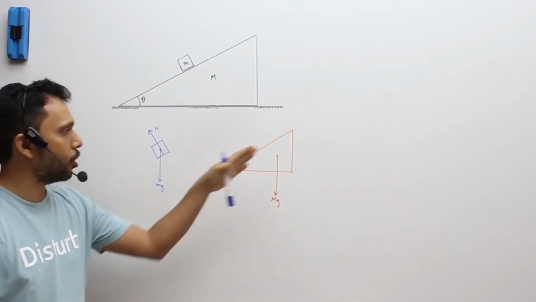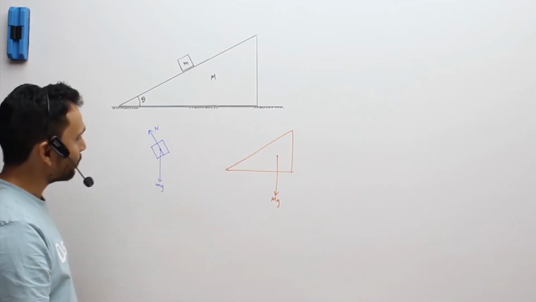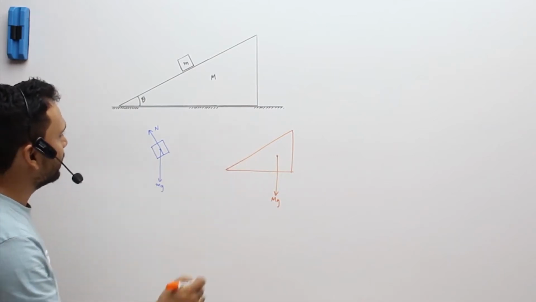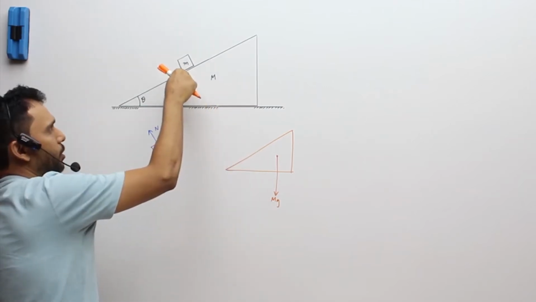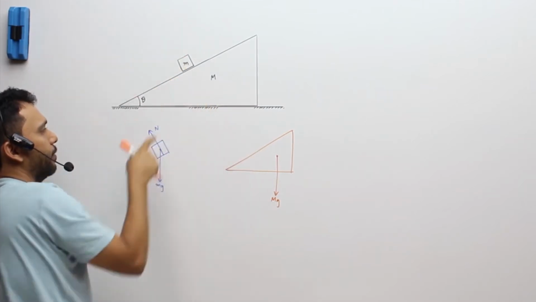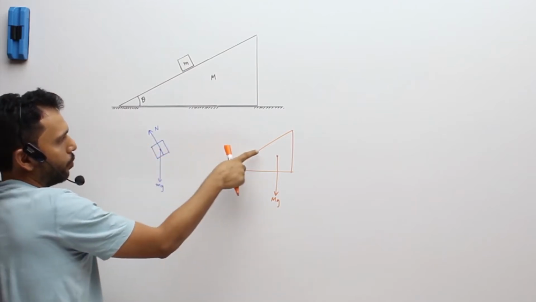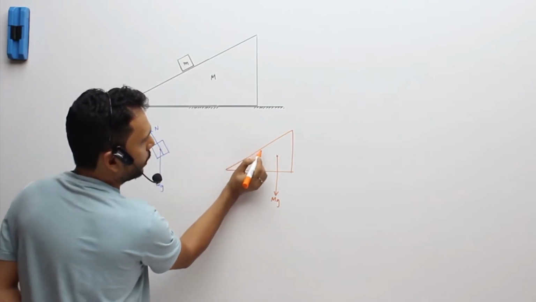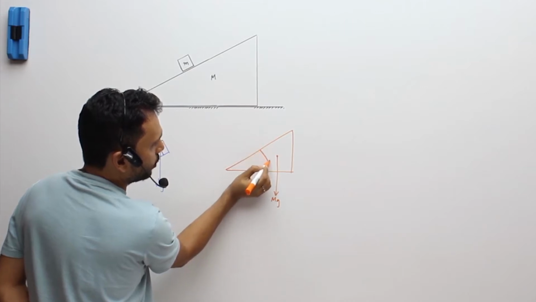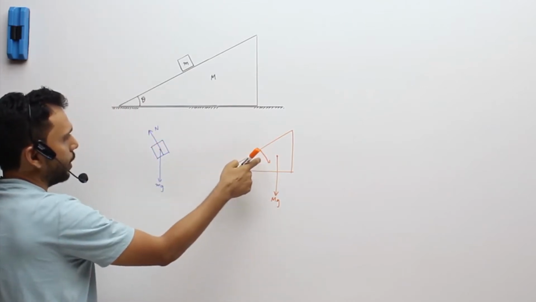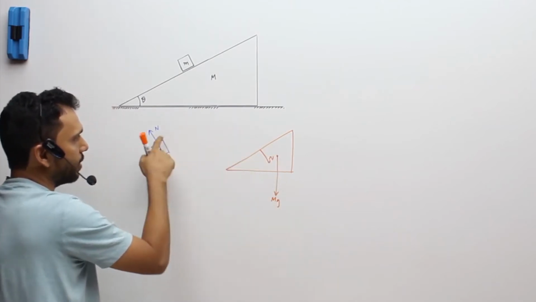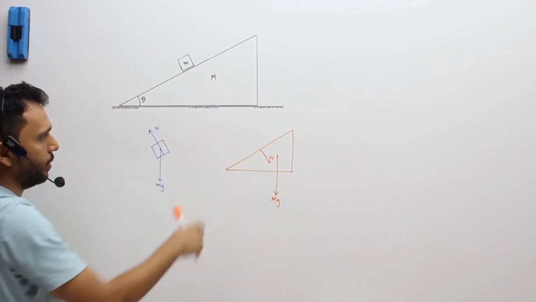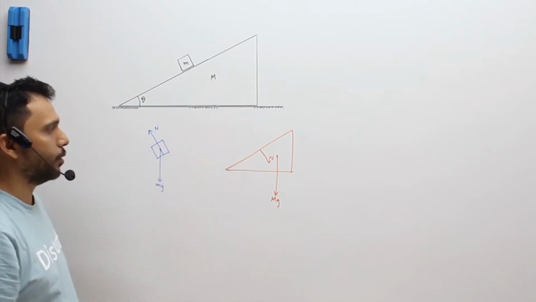This mg is not making it go left or right. What else? This mass was pushing the wedge and the wedge was pushing it instead. So we have an equal and opposite reaction on the wedge. The small mass is pushing the wedge, and that push has to be the same as how much it reacted. So this N and that N are ditto the same N. That is an action-reaction pair happening over there.